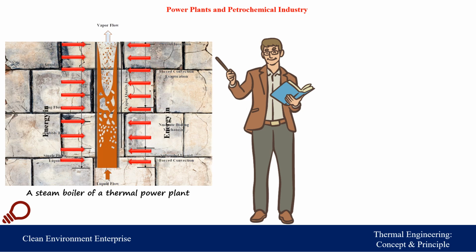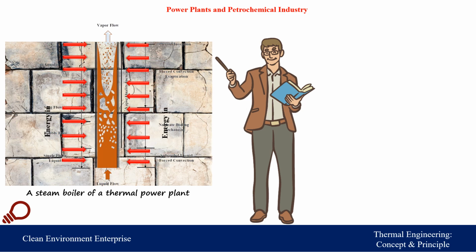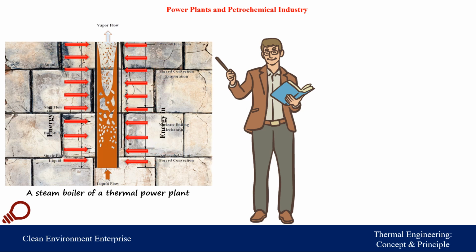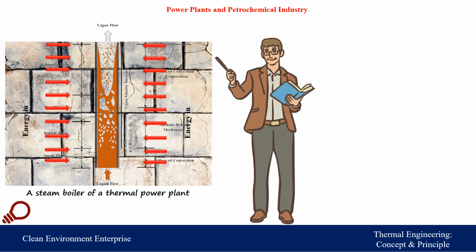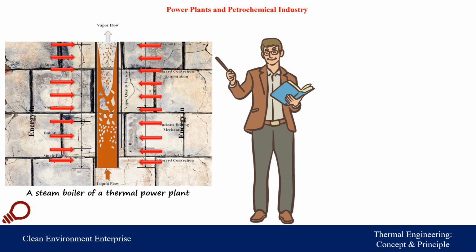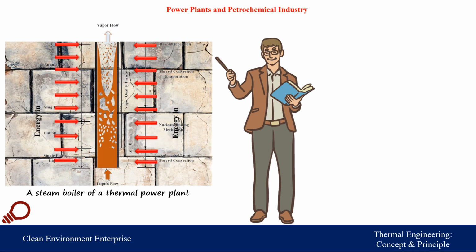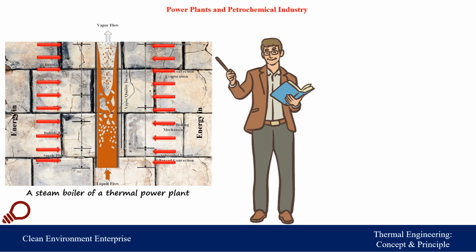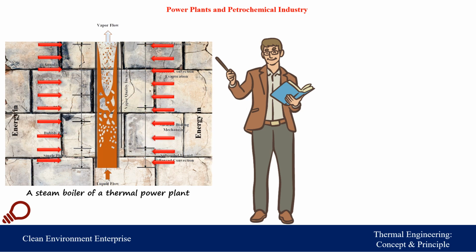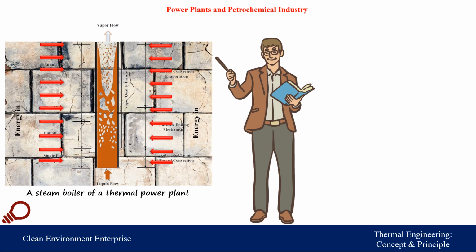It also receives heat by radiation from the refractory of the boiler itself. Heat is transferred by conduction through the tube wall thickness, and then by convection to the water that is heated up and vaporized to leave the boiler as steam to complete the Rankine cycle for producing electricity.